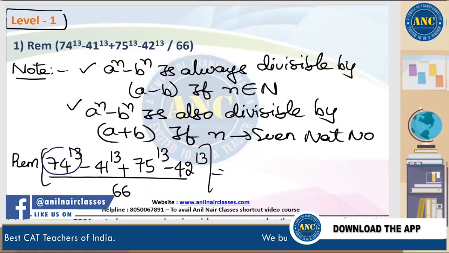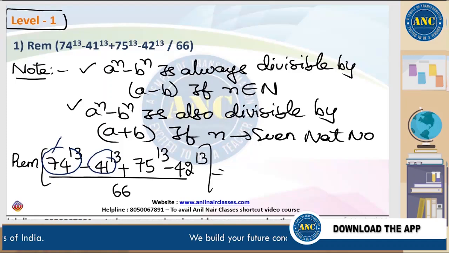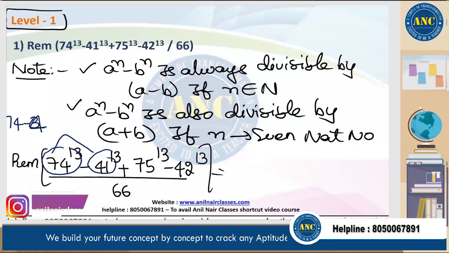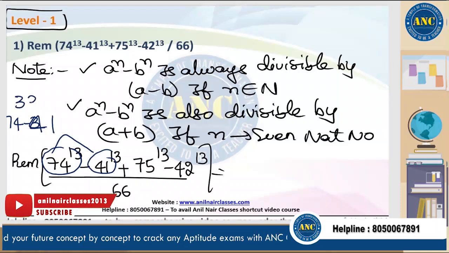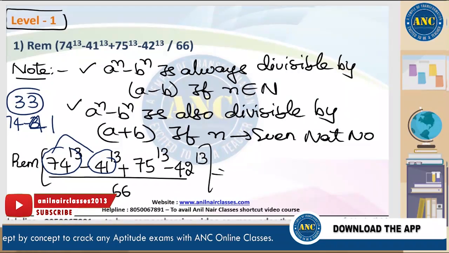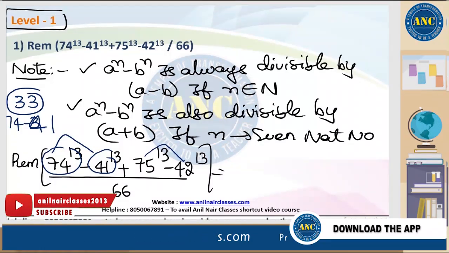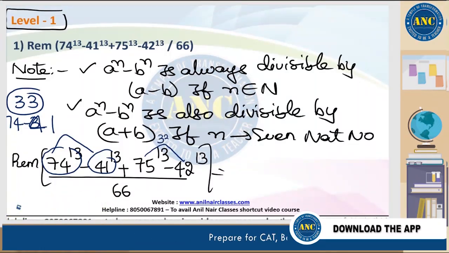This is of the form a power n minus b power n. So this is divisible by a minus b, 74 minus 41, which is nothing but 33. Similarly, third and fourth terms, a power n minus b power n is always divisible by a minus b. It is also divisible by 33.